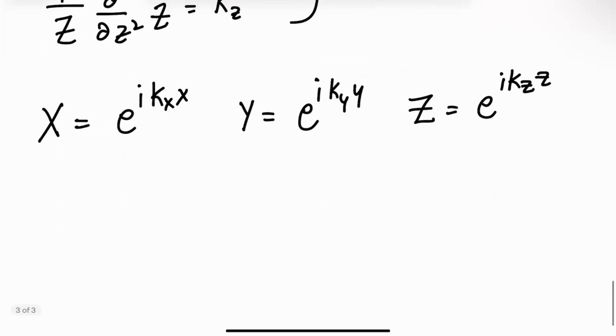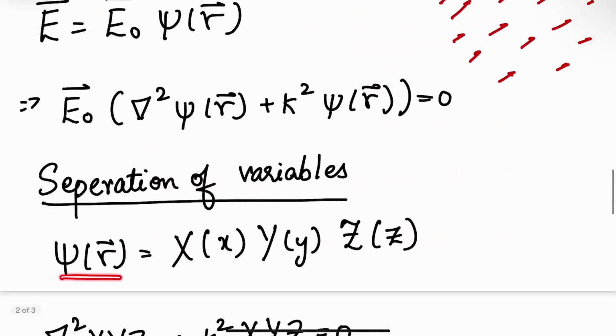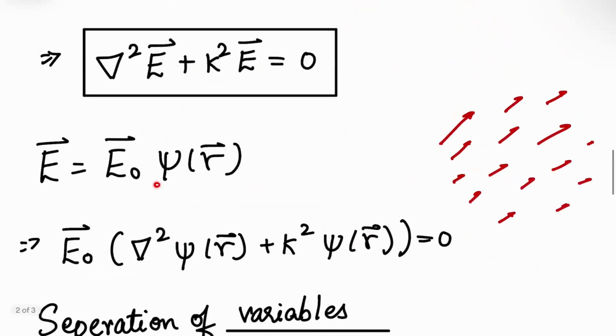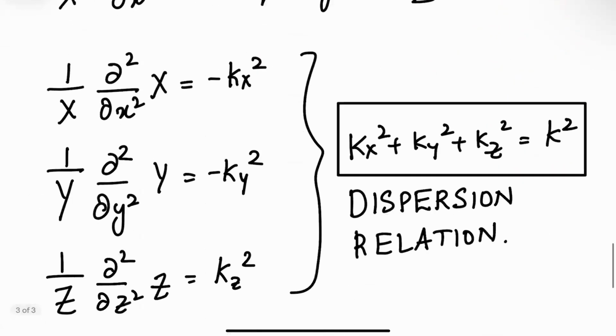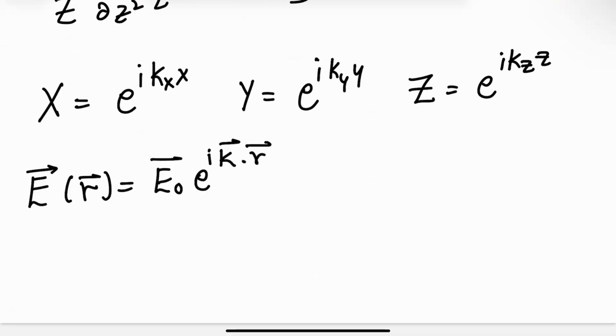Okay. So now that we have this, we can substitute X, Y, Z into psi, and then substitute psi back into this, and that gives you the final electric field solution, right? So the electric field, as a function of r, is E naught e to the i k dot r, which I should write explicitly and then define this k vector.